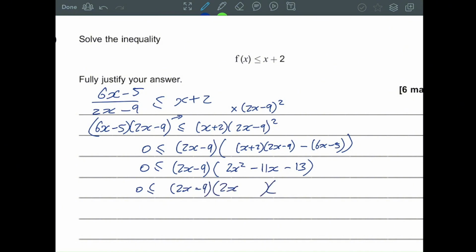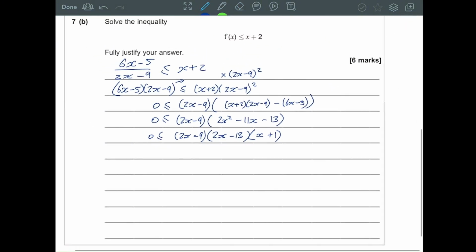We want a negative 13 and a positive 2, which is going to come from that factorization. I'm just going to very quickly mentally re-expand that out, and it does get that quadratic. So now I've got my critical values. I've got the important points of my picture.